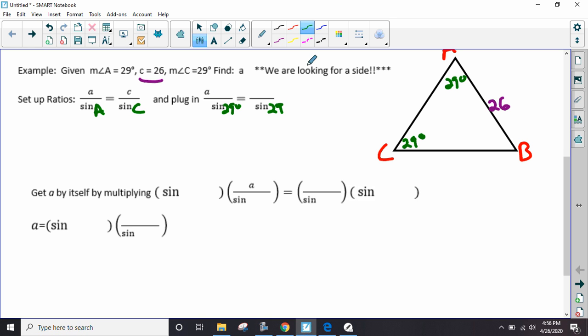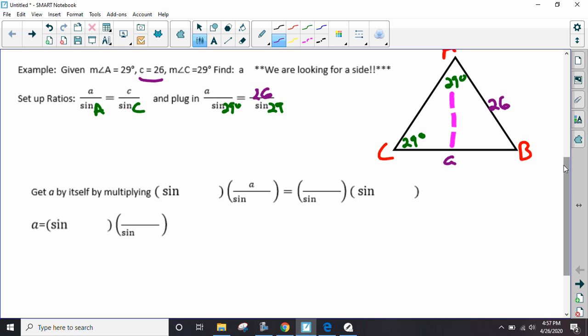We're looking for little a, which is right over here. This is our little a, which we should already know is 26 because it's an isosceles triangle, but we're going to go ahead and do it anyway. This right here is where 26 would go.